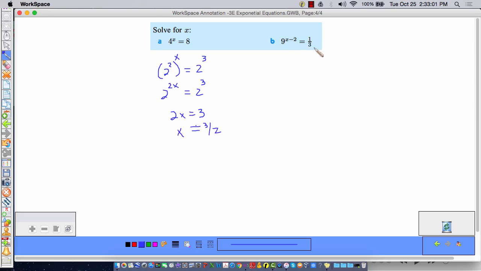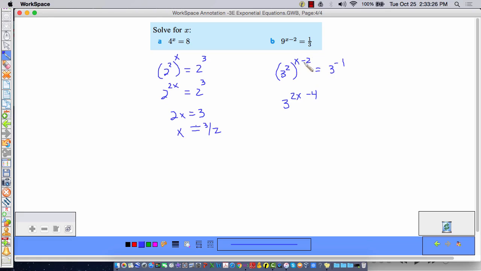Over here, it looks to me like my base is going to be 3. I'm going to rewrite 9 as 3 squared to the x minus 2, and that is going to be equal to 3 to the negative 1, rewriting 1 over 3. And then again, using my law of exponents, this becomes 3 to the 2x minus 4. Don't forget to multiply the 2 by the negative 2 as well.